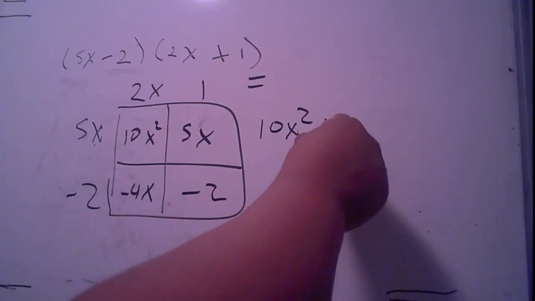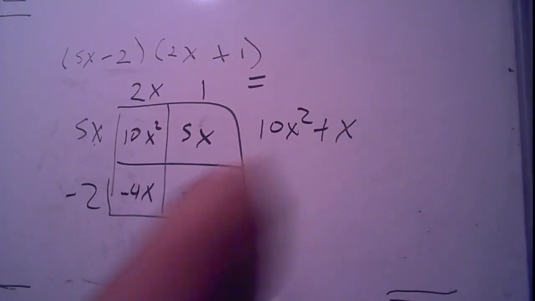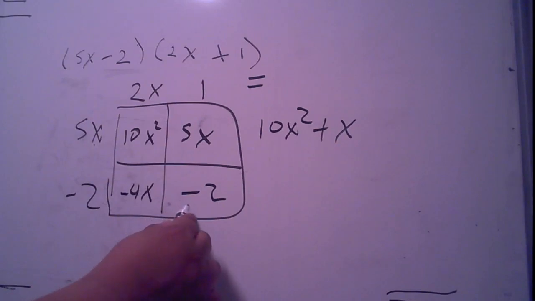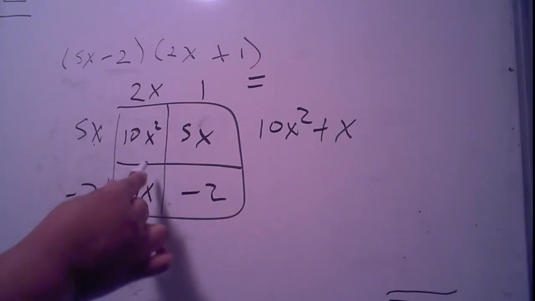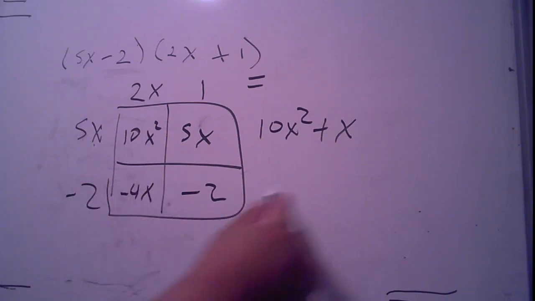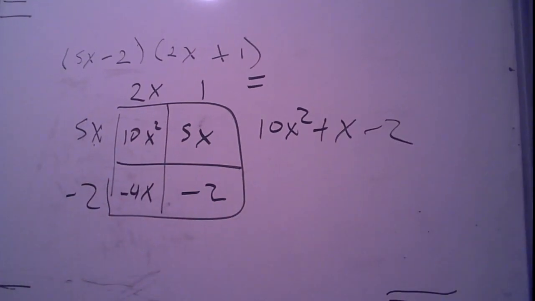Plus x. And then we have the single constant here. I don't see another constant, so all we have to do is write it down. And there we have our answer: 10x squared plus x minus 2.